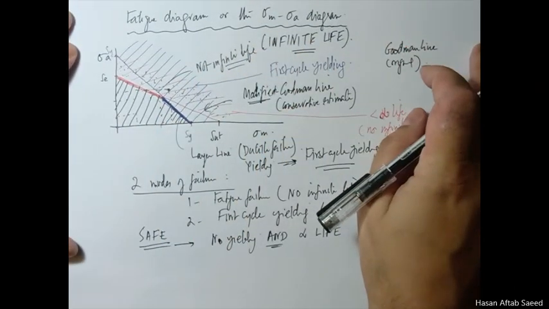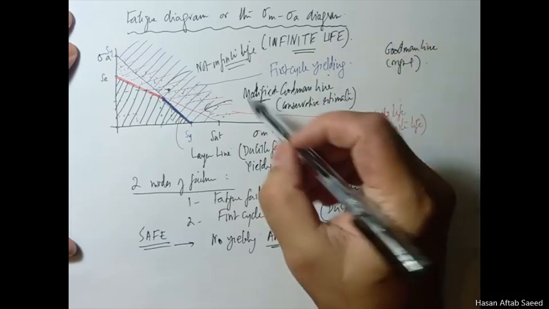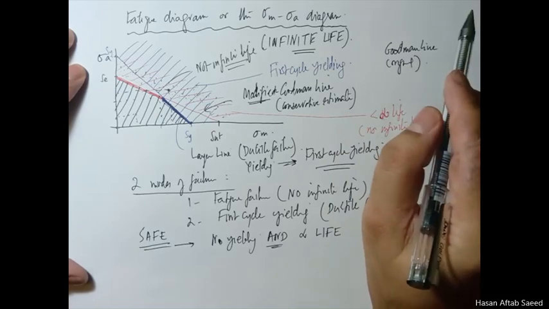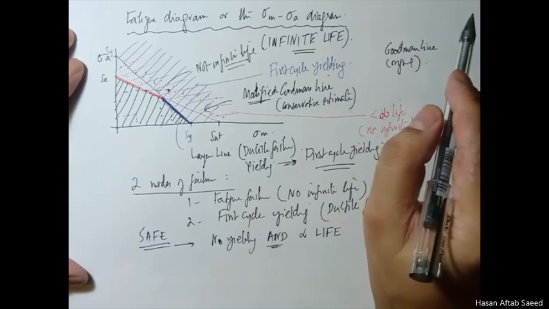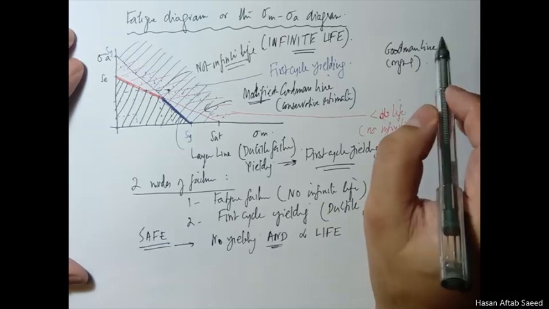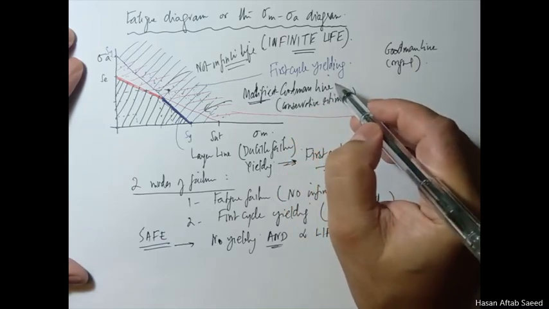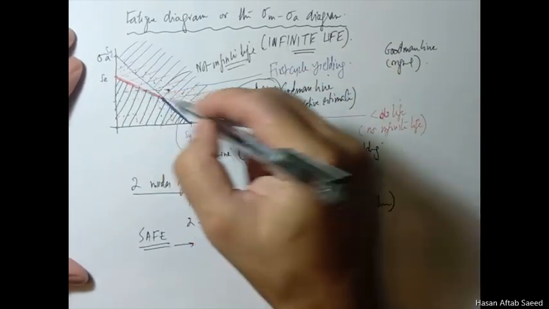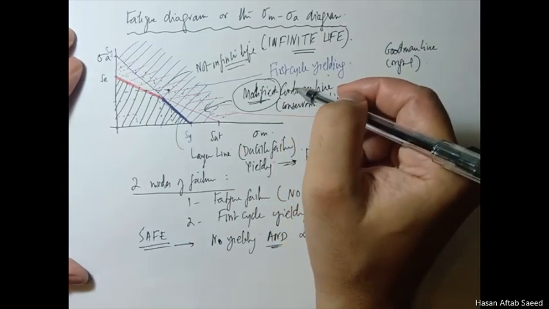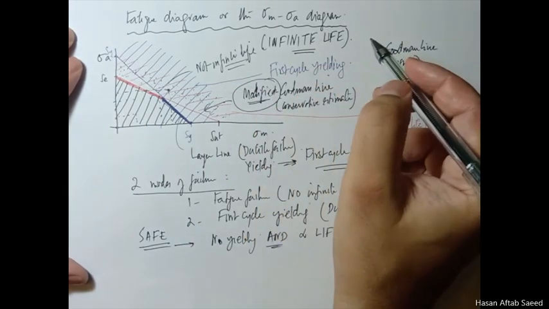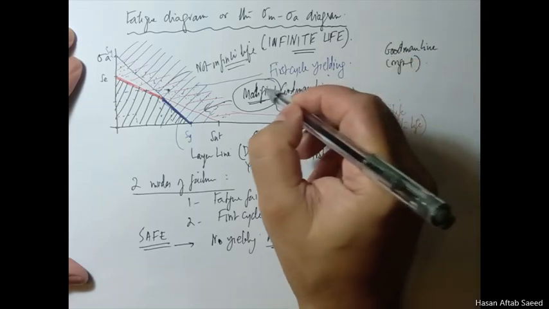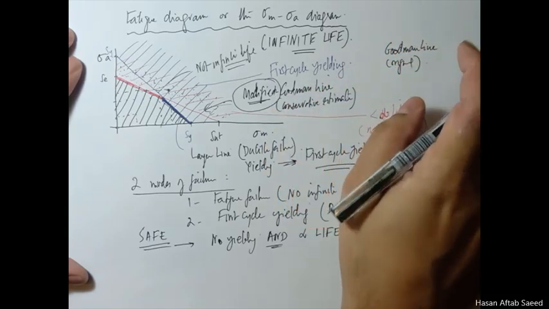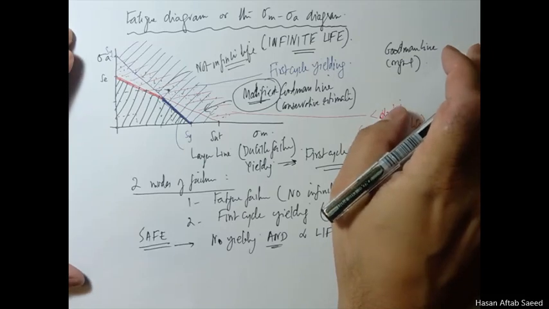There's a history of that line, and it dealt with sigma m and sigma a, but they were plotted quite differently, and that is not used anymore. Interested parties can look that up in the literature. But that is why, whenever you talk about the modified Goodman line, this is actually the only line that is used now. So even if somebody says use the Goodman criterion, or analyze this based on the Goodman line, actually we are talking about the modified Goodman line. Goodman line and modified Goodman line are the same thing, because the original Goodman line is not used anymore.